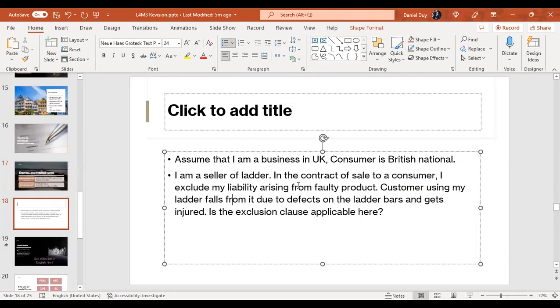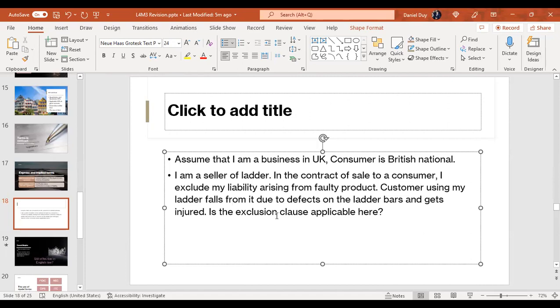The exclusion clause here is an express term, and because the statute prohibits excluding liability regarding the injury or death of the other person, the exclusion clause would not be applicable here.